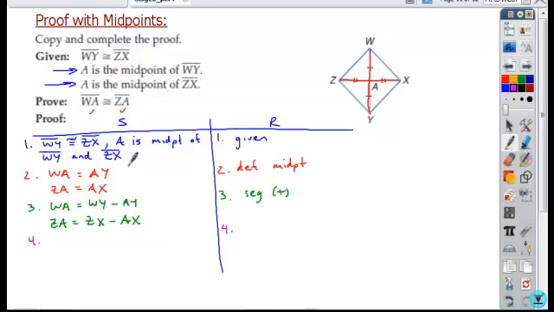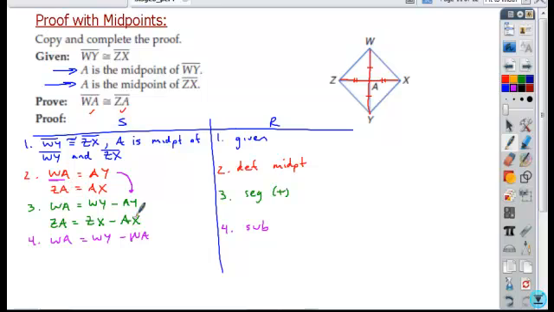What do I know that AY is equivalent to? AY is equivalent to WA. So what I could say is that WA is equal to WY minus WA. And I can simply substitute this equivalent value in for AY.